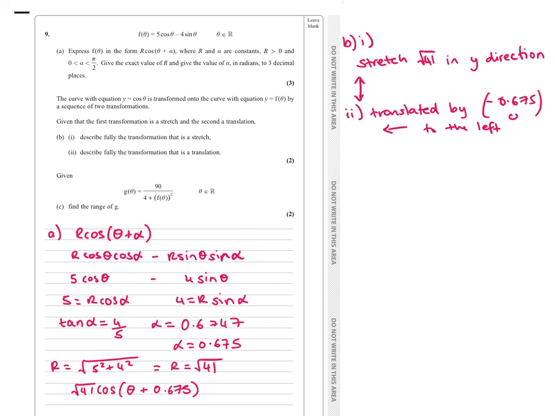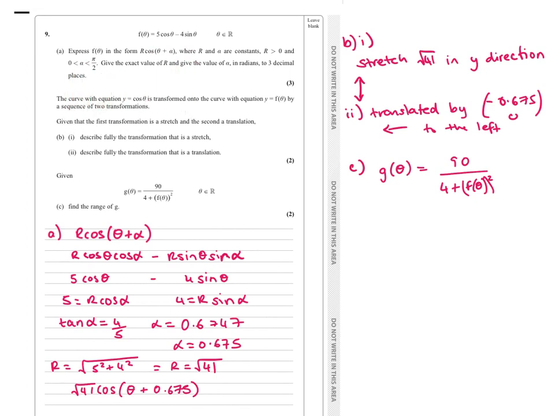Then part C says, given that g of theta equals 90 over (4 plus f of theta) all squared, and theta belongs to the real numbers, find the range. So if we think about the range of values, it tells us in the question that alpha is between 0 and pi over 2.